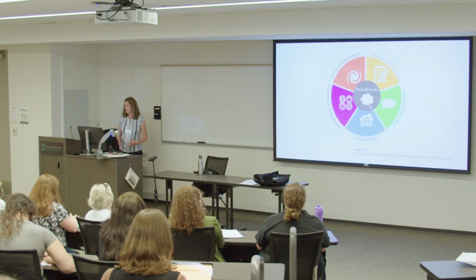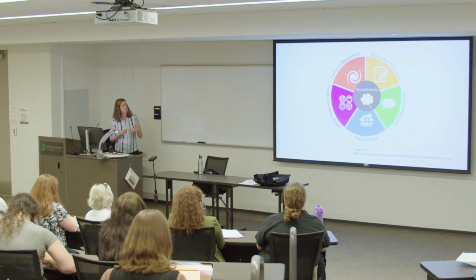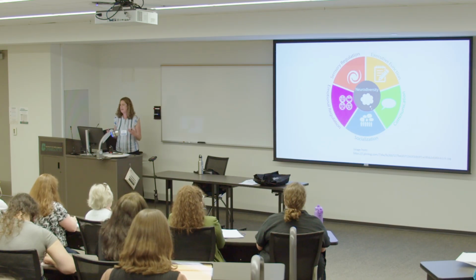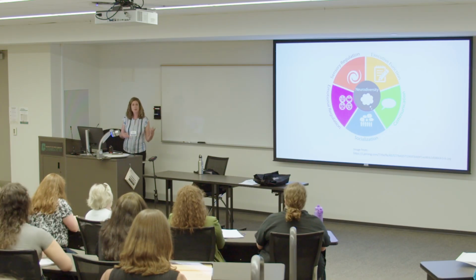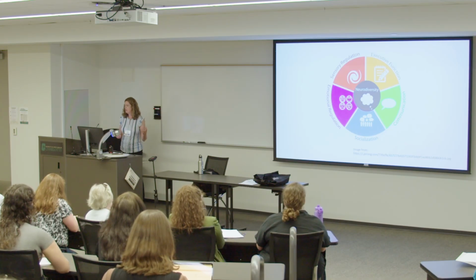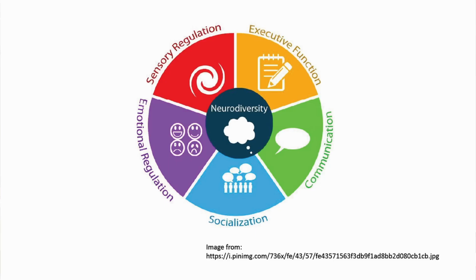When we're talking about neurodiversity, there are lots of different areas where somebody may have differences. Somebody may have differences in all of these areas, or just one or two. These are some of the key areas. First, sensory regulation.